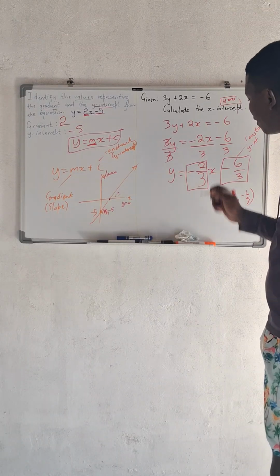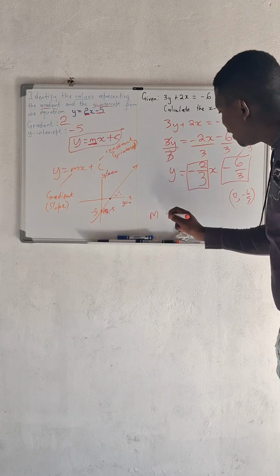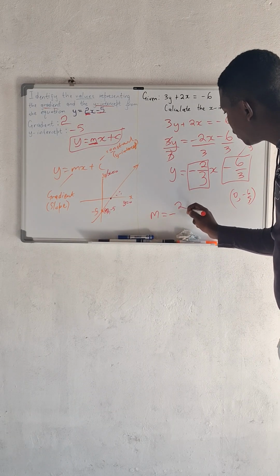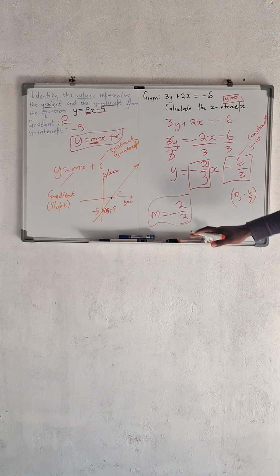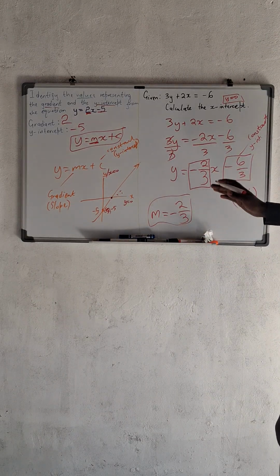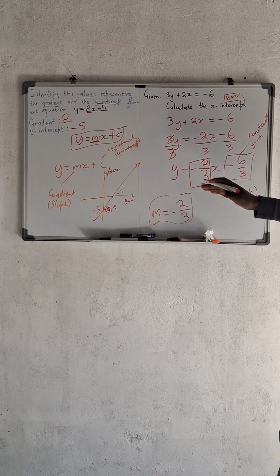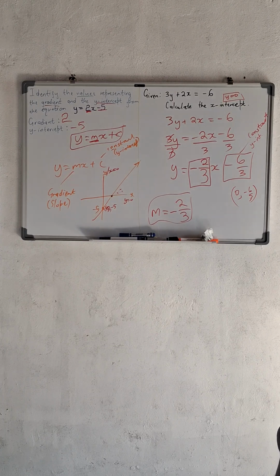The question was asking for this one. So m, the gradient, m is equal to negative, take it with the sign, 2 all over 3. What does that mean? My gradient, the slope, is negative, so my graph is a decreasing graph.